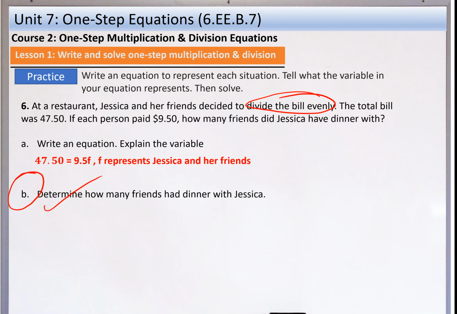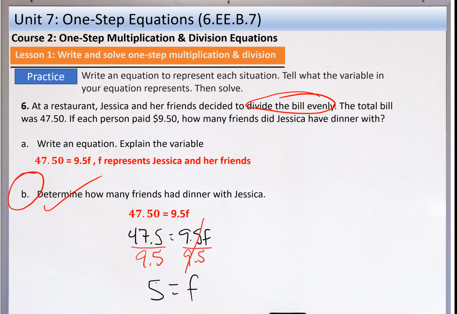So how many friends had dinner with Jessica? Well, $47.50 was the total bill, and each person paid $9.50. So the number of people times $9.50 should be $47.50. We divide both sides by $9.50, and that means that there were 5 people.